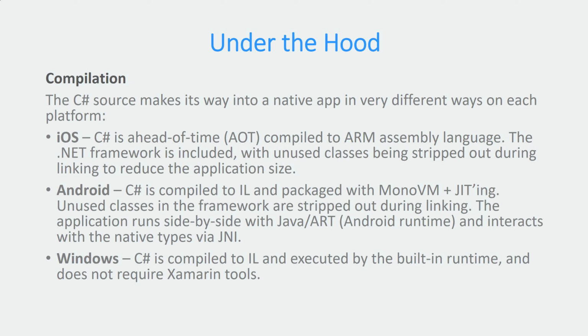In Android, it's compiled down to the Java ART, Android Runtime, and again, it's all native. Within Windows, it uses the same thing Windows uses, which is the IL compiled into the executable.